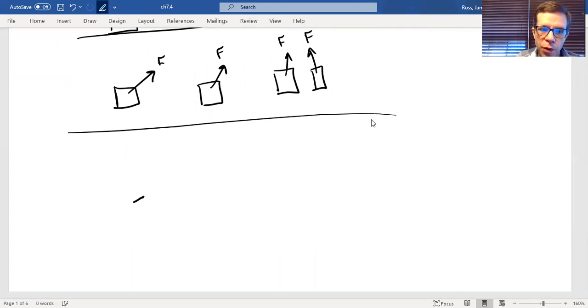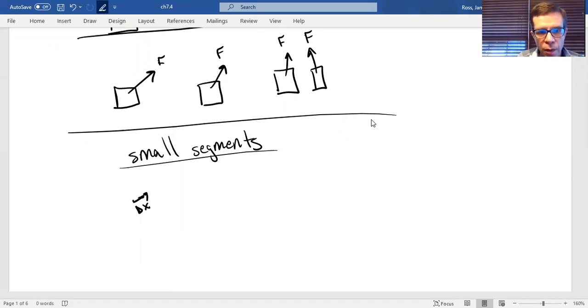So what you do is you break it down into small segments. And we consider, over this small delta x, let's just use the second one here.